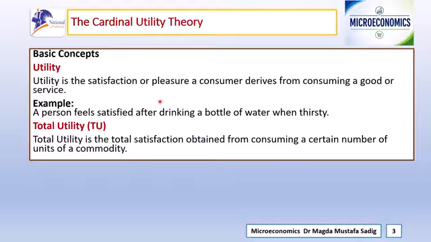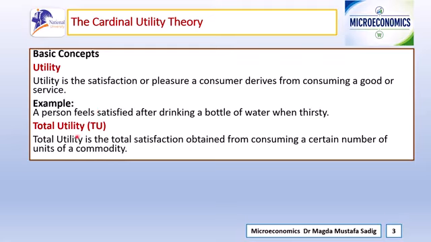Therefore, the amount of utility obtained depends on individual preferences. Economists do not judge whether you should prefer it or not. Instead, they simply study how these preferences influence consumer decisions.